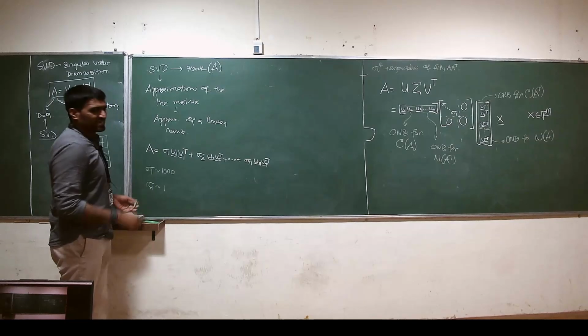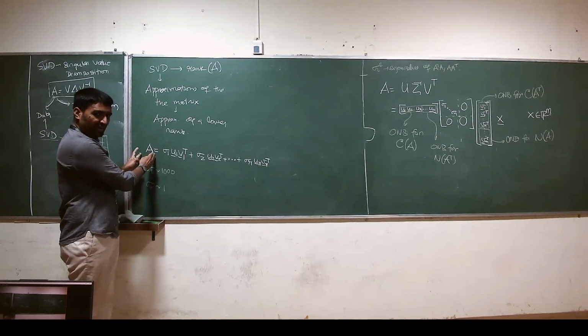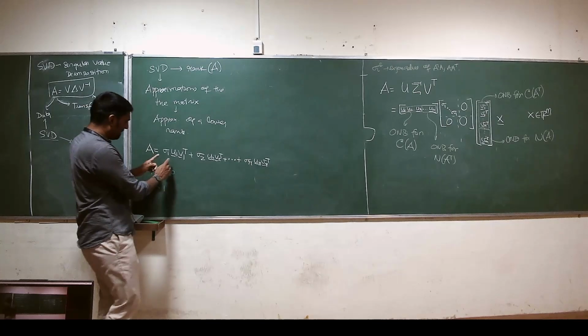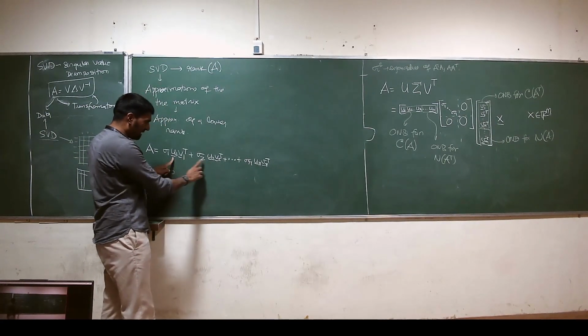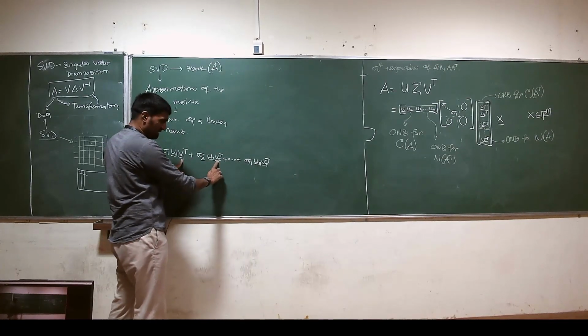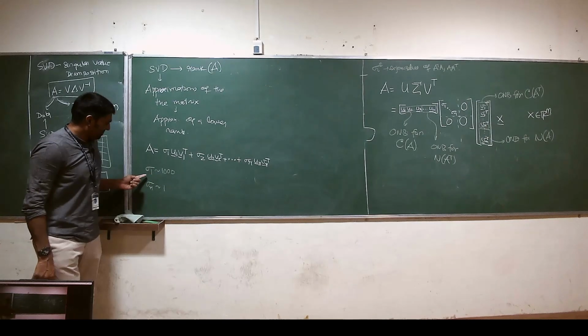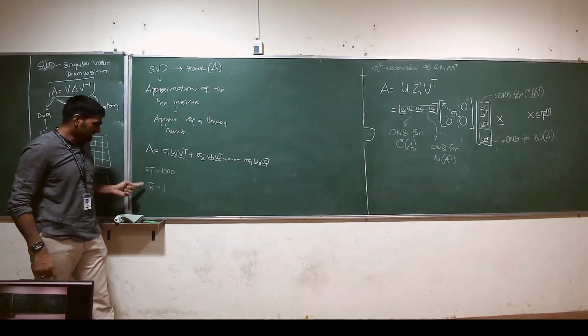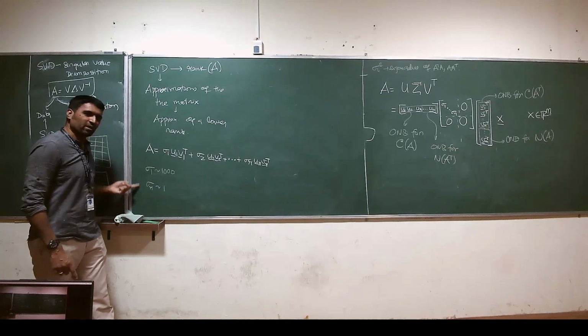So, one thing I can say is, if I want to store A, I would have to store R singular values and then R columns U1 to UR and R columns V1 to VR. But if my first singular value is 1000 and the last singular value is 1, maybe this is not contributing that much to my data.